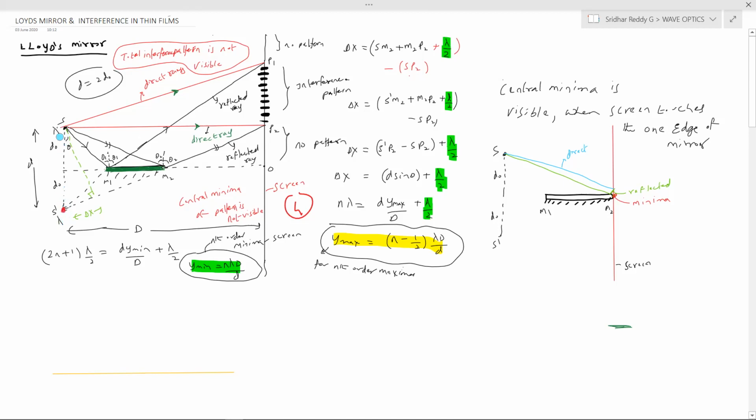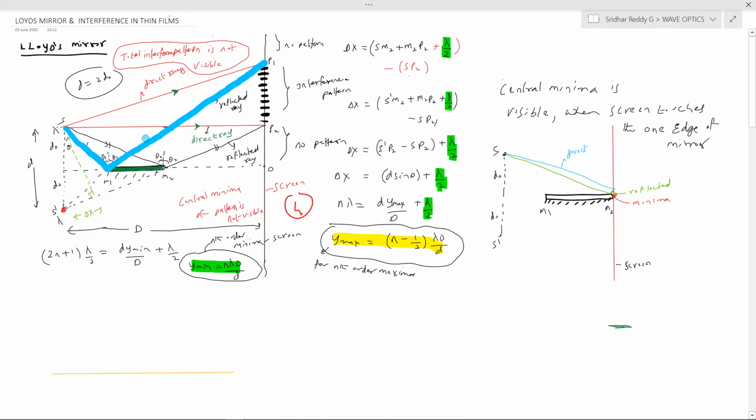Now, this source will emit monochromatic light of wavelength lambda, so its corresponding image will also emit the same light of wavelength lambda. Let's get into the mirror concept first. The rays emitted by the source will strike M1, and after reflection they will reach the screen at point P1.